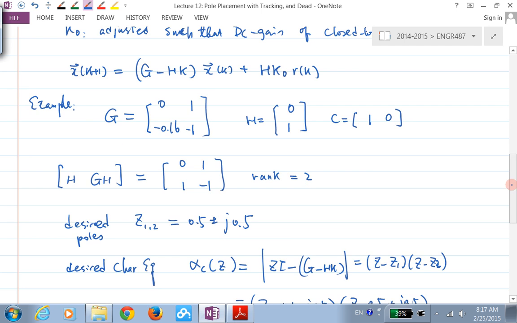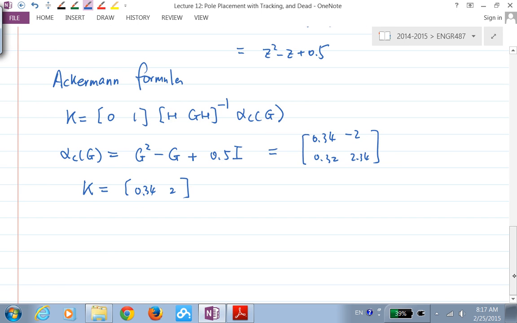So to get K naught, what we need to do is get the pulse transfer function of this closed loop system.